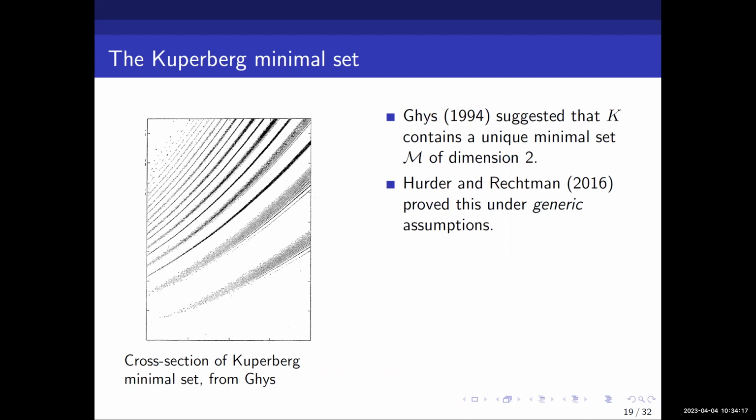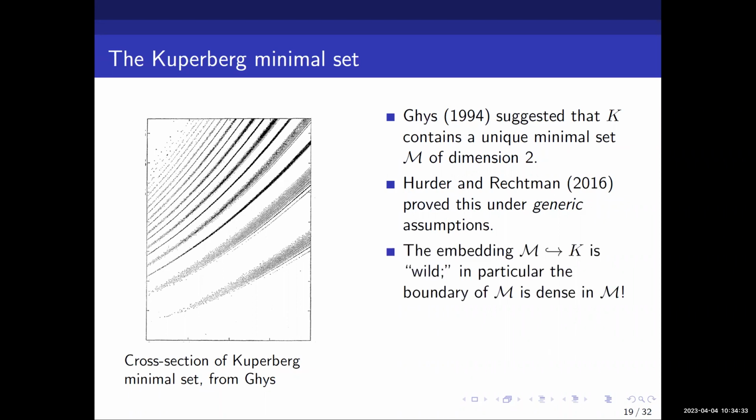So it wasn't until 2016 that a full and rather technical proof was given. The technicality of the proof is really coming from the generic assumptions. So even under these loose assumptions, you still get a minimal set that is a topological surface, but it's embedded in a crazy way. Herder and Reckman refer to it as a zippered lamination.